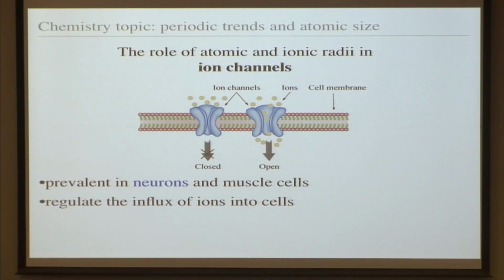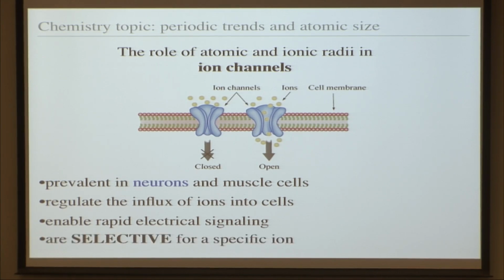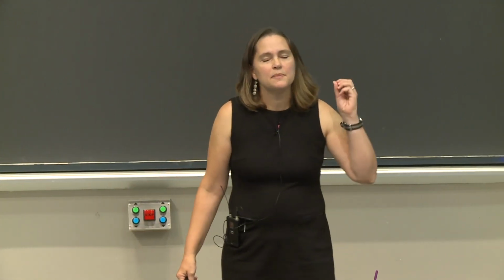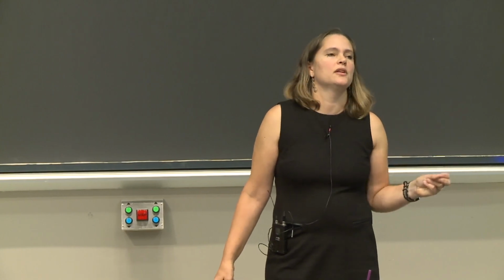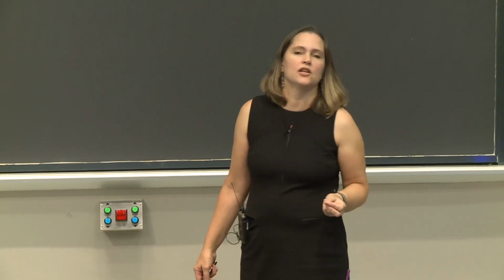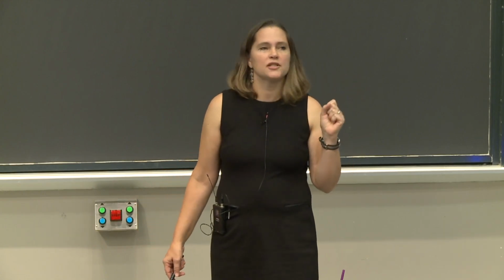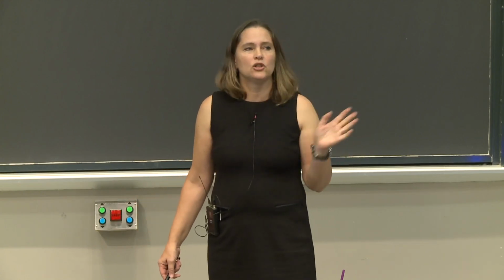And you want ion channels, they regulate the influx of ions into the cell and allow for really rapid responses, which is also really important. And amazingly, they're highly selective for certain ions. So this is important. It needs to be tightly regulated, say how much sodium you have in there or how much potassium you have coming in. And if the ion channel took potassium when it was supposed to take sodium, that would not be good.